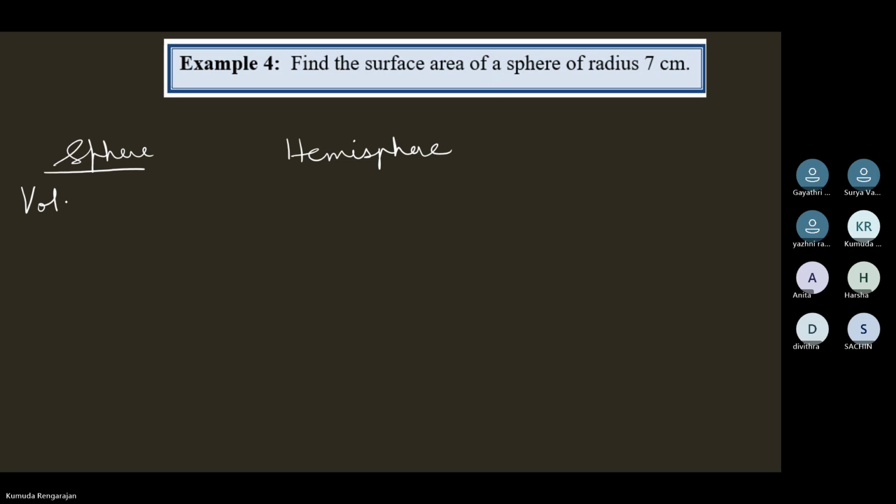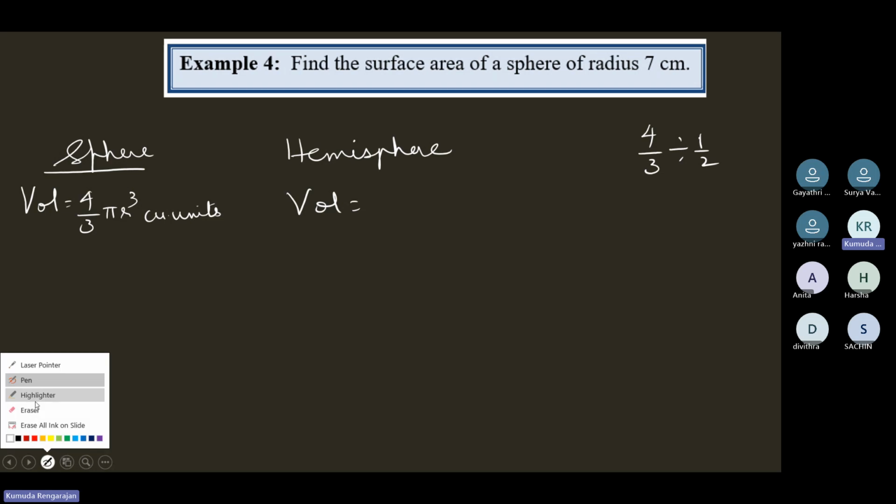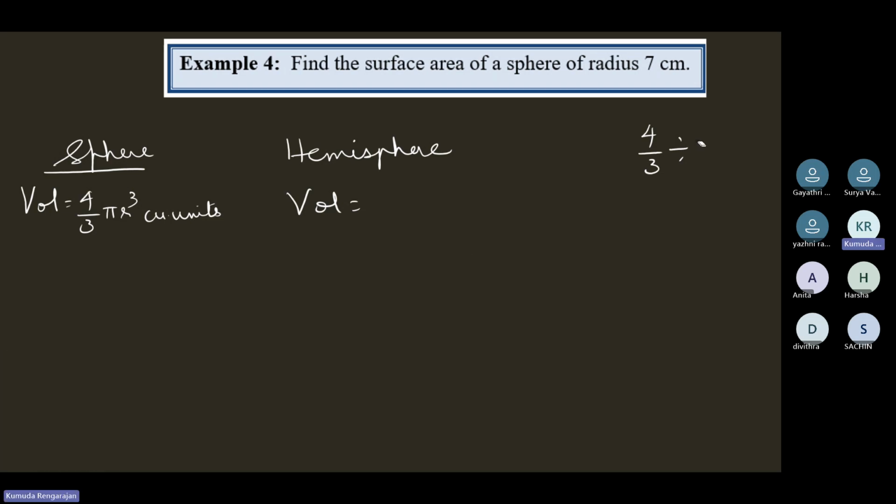Sphere, hemisphere. Volume of a sphere is 4 by 3 pi r cubed cubic units. The volume of a hemisphere is half of this, so 4 by 3 divided by 2, half of it, right?